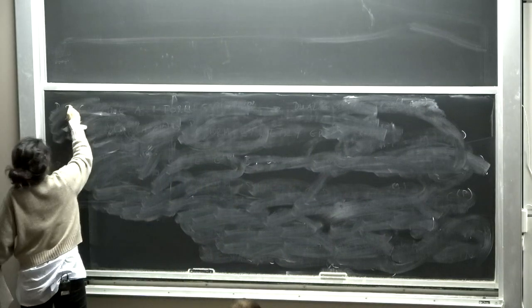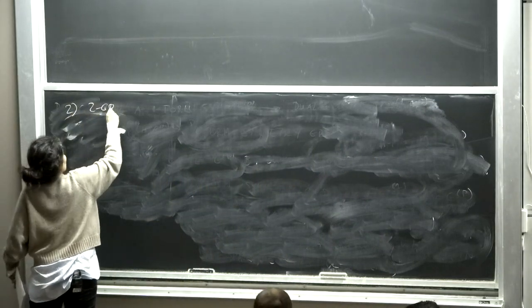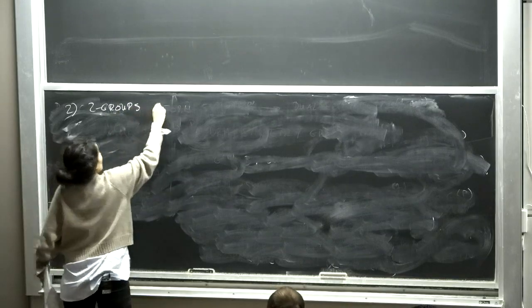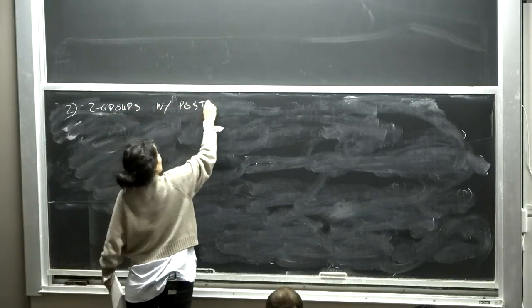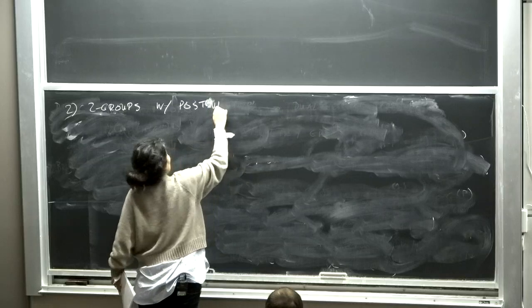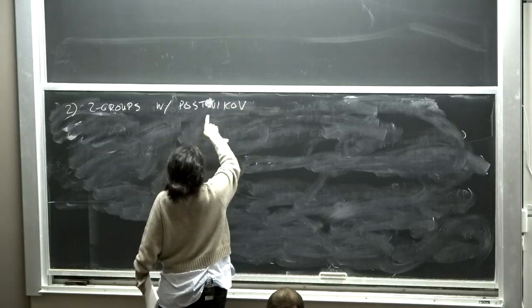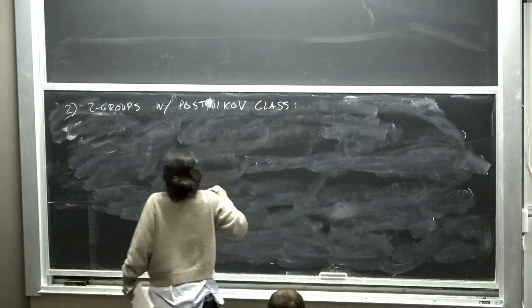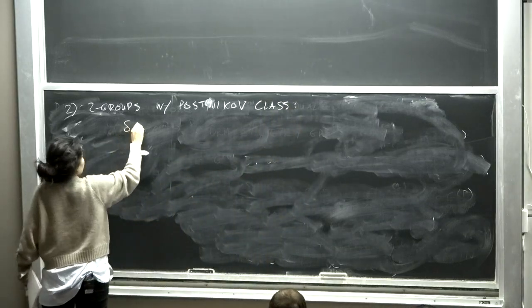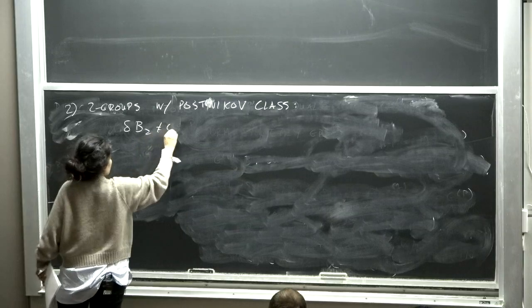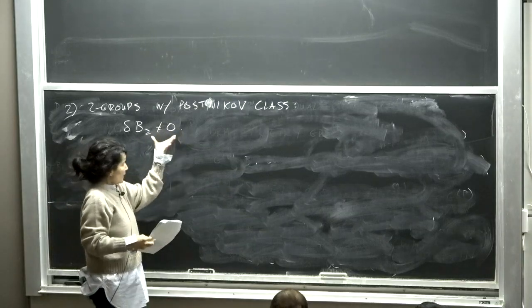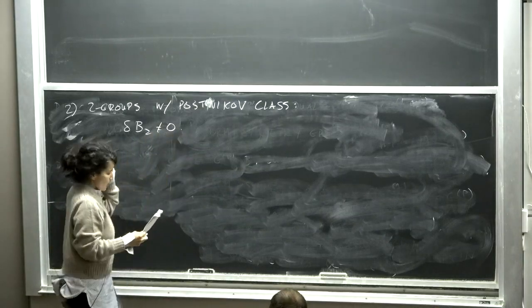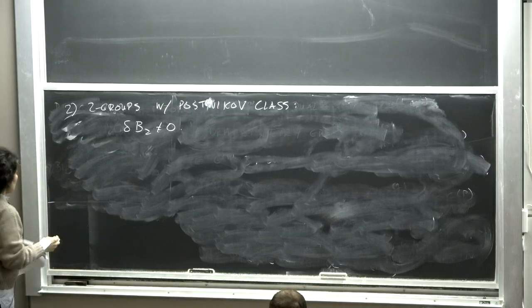So the second type of two group, again, they have some relation that this is non-zero, but this is now given in terms of some 3-form that we'll specify in a moment.